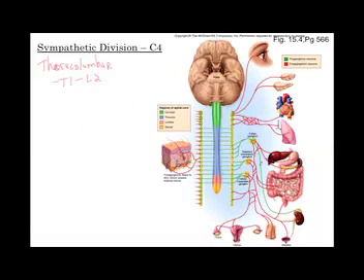The green fibers represent preganglionic, the red ones represent postganglionic neurons.